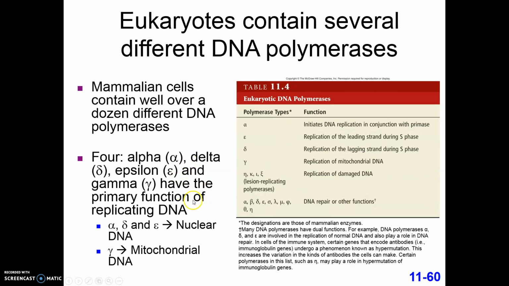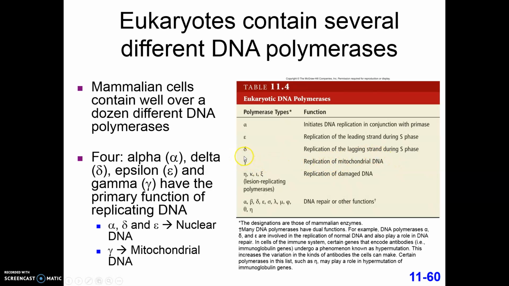The first thing I want you to recognize is that the vast majority of these different polymerases have a specific function in DNA repair, or specifically in replication of damaged DNA. We have a polymerase that is specific to the replication of mitochondrial DNA.